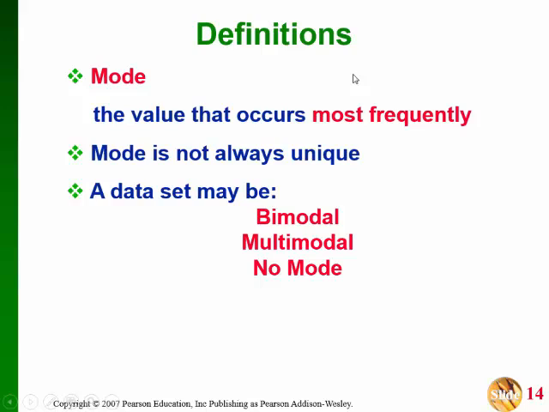So, mode is a good way to find, and I'll put average in quotes, it's a good way to find the average for nominal data, for qualitative data.